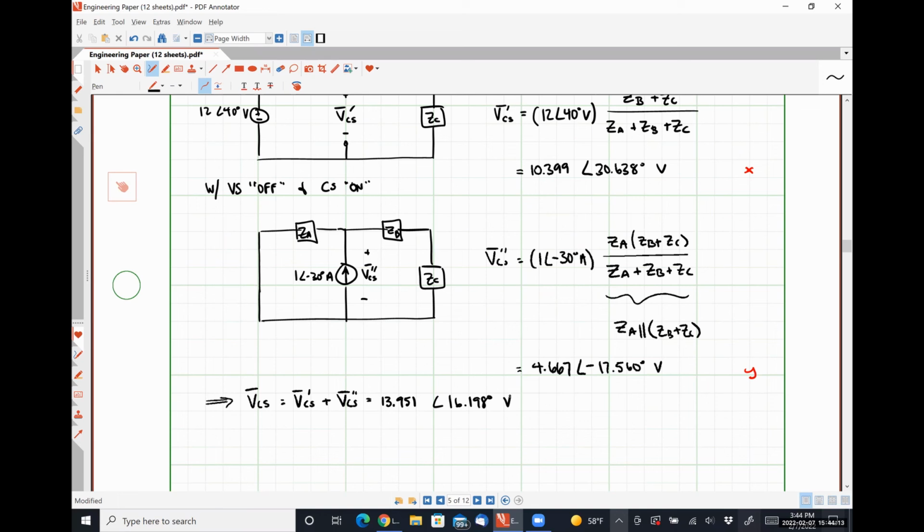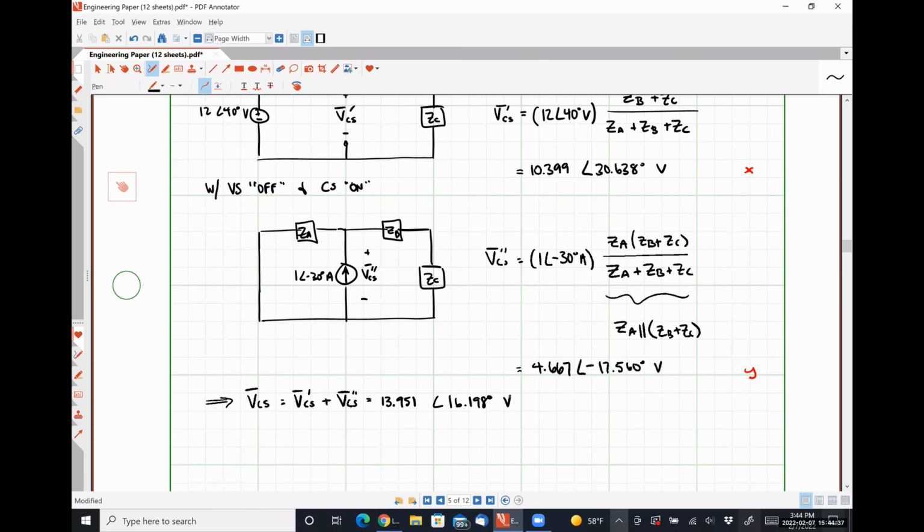Can anybody confirm this? All right. So we use superposition, and after using superposition, we had to use Ohm's law and voltage division. We were able to get the results.